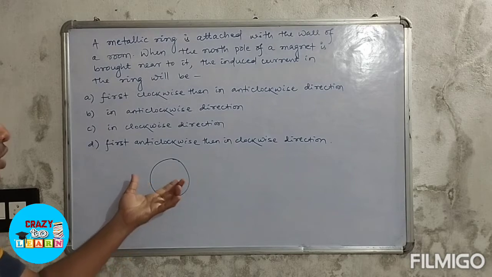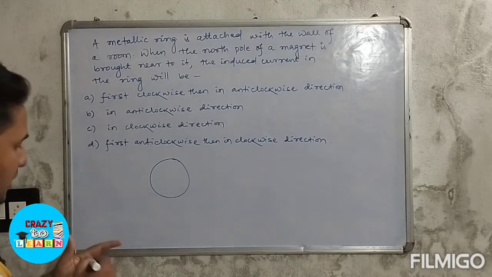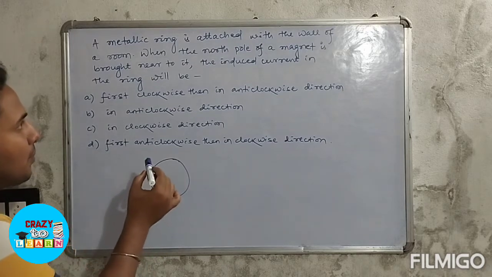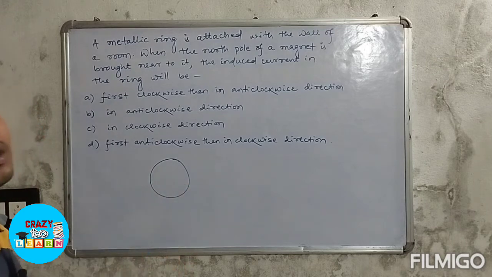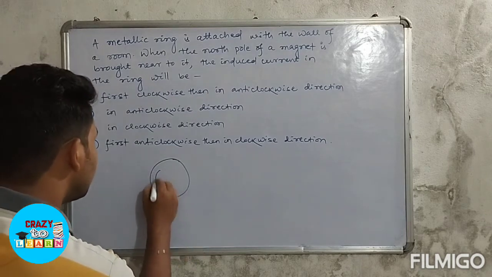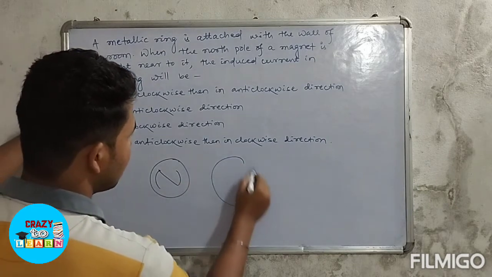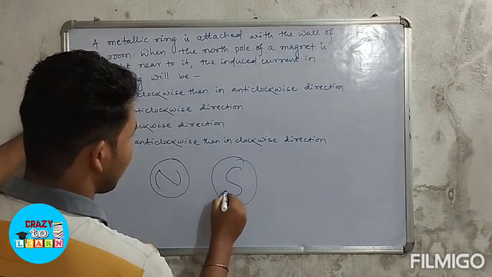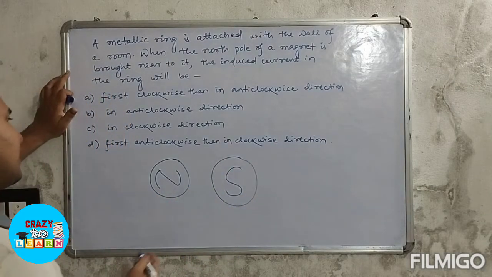So here a north pole is produced. And when I take the bar magnet away from the ring, we will get a south pole. We will remember it like this: you write N for a north pole, and for a south pole you write like this. In different books you will get the picture like this.